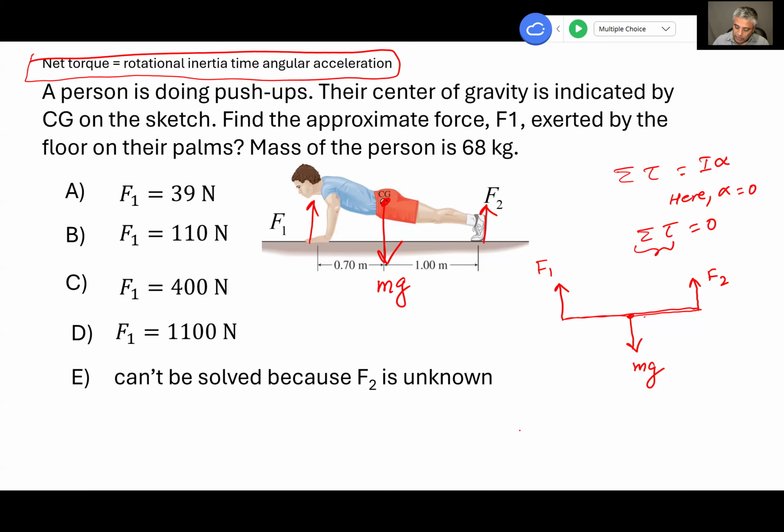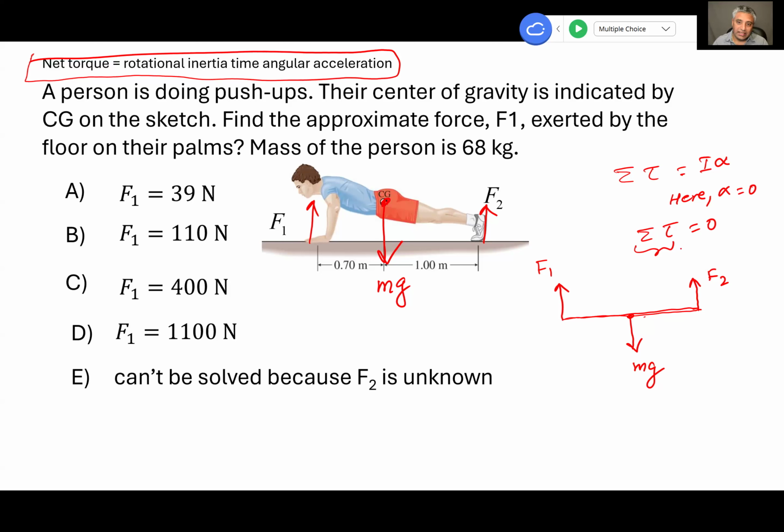These forces are perpendicular to the plank, at least approximately. So that means we can find torque by lever arm times F. Before we can decide what the lever arm is, or how to find it, we need an axis of rotation.